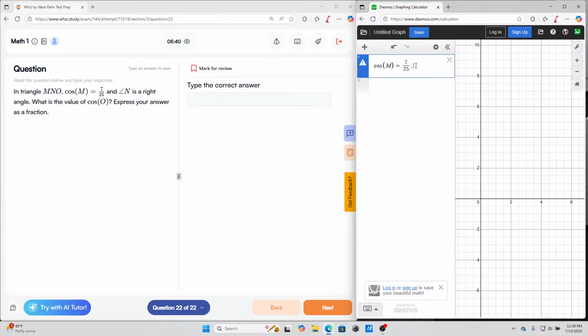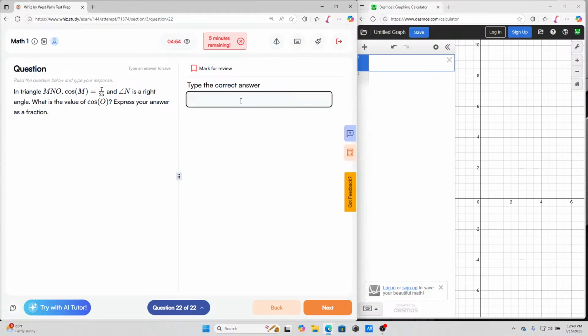Angle M. Cosine is adjacent over hypotenuse. Should equal the same thing.